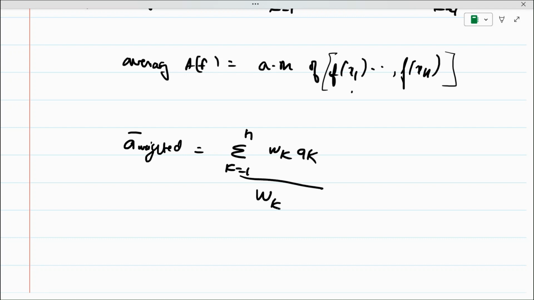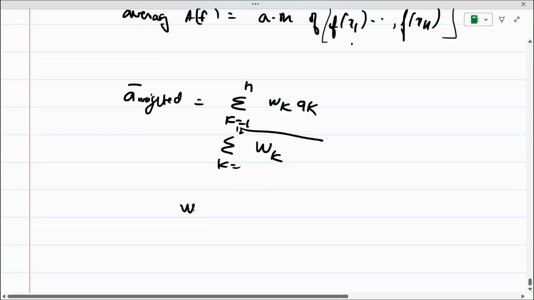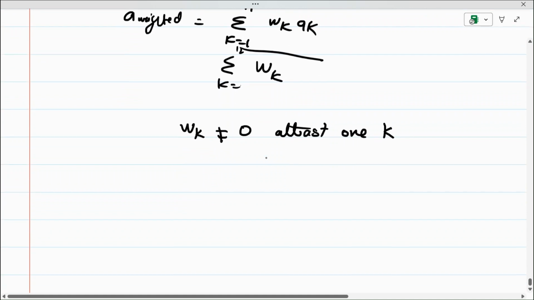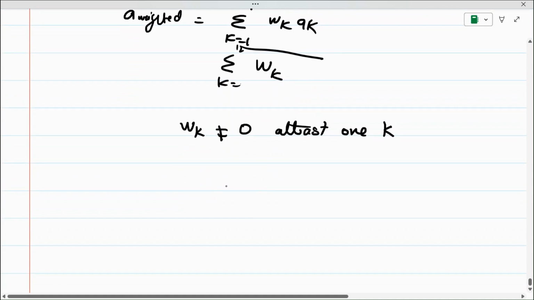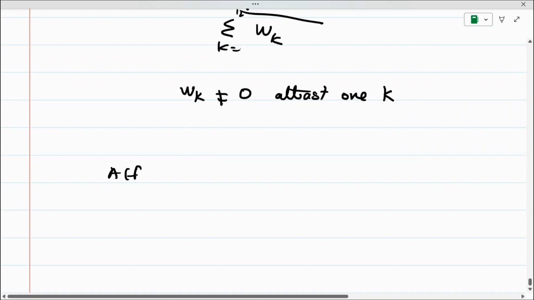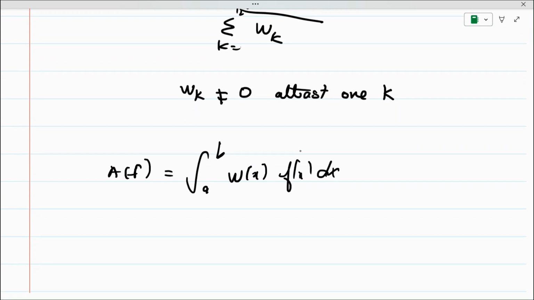Let's choose the weights such that at least one is non-zero, because if they all equal 0, we would get division by 0 and that's not possible. So then the integral form of this is equal to the integral form.